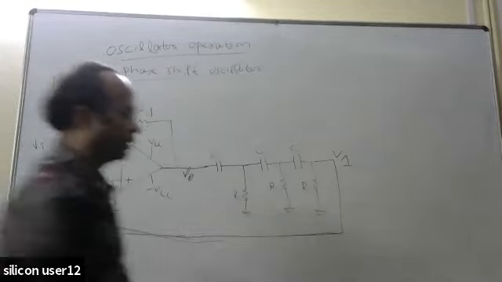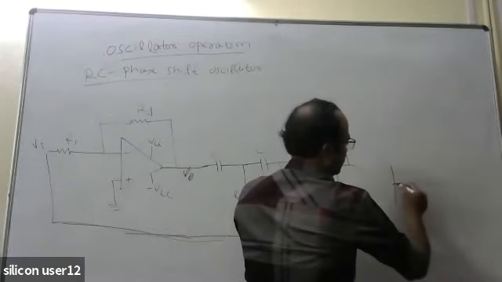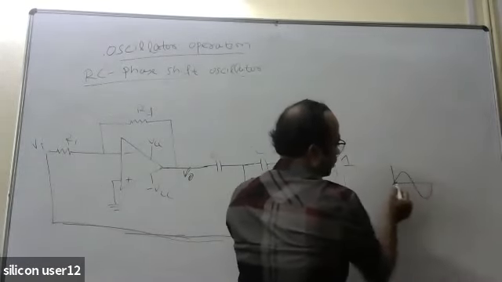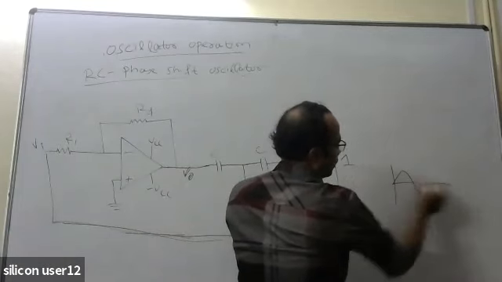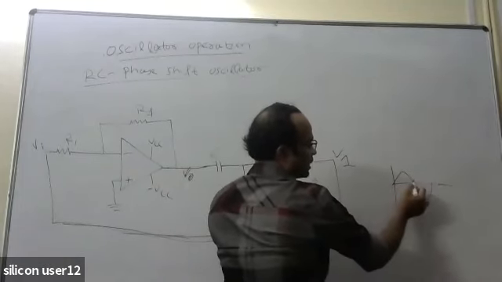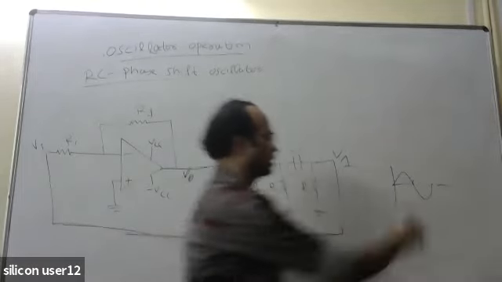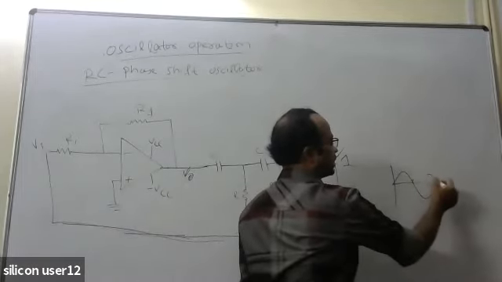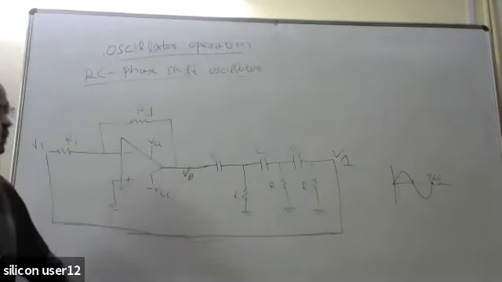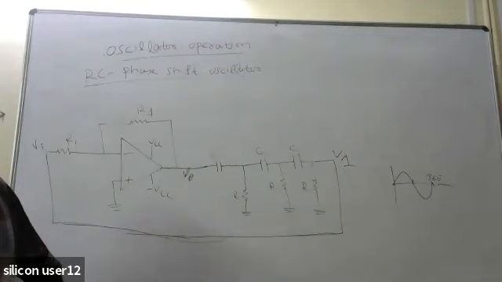If you have a sinusoidal wave, from 0 to here is 180 degrees, and from here to here is another 180 degrees. That means when it reaches here it is equal to 360 degrees. So 360 degrees shifted means it is in phase with the same signal.